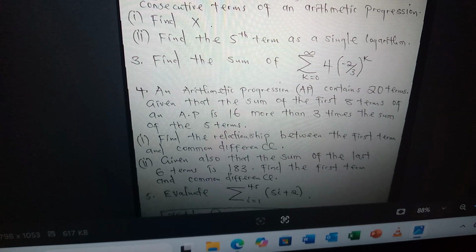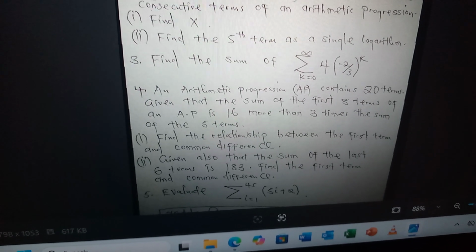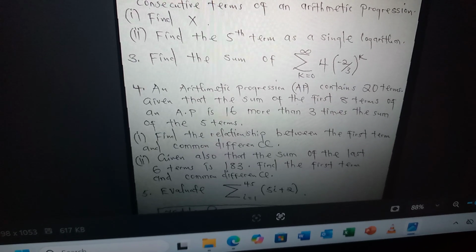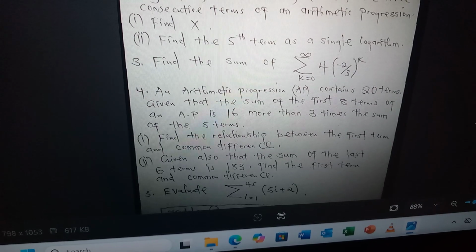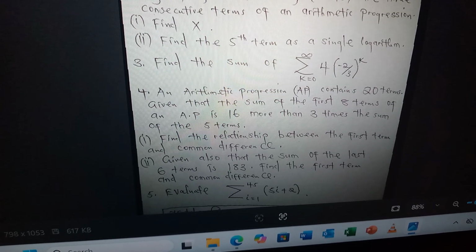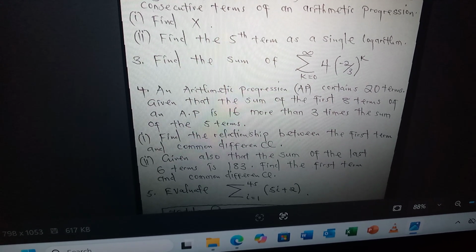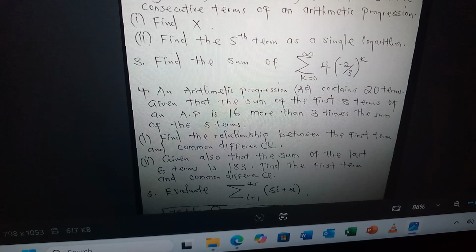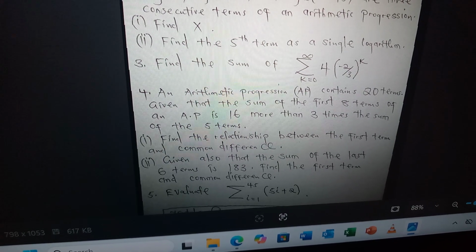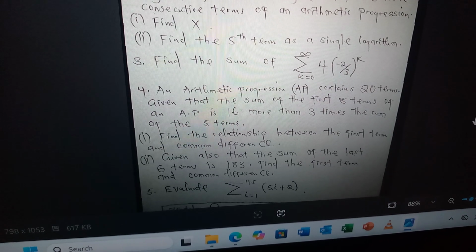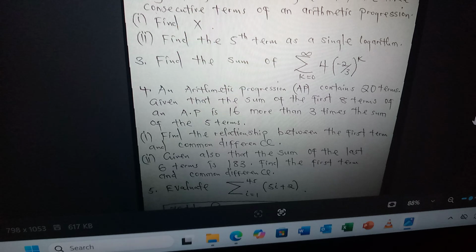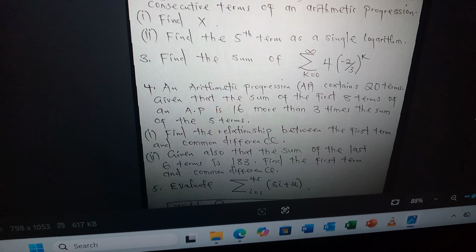So the fourth question, they are saying an arithmetic progression contains 20 terms. Given that the sum of the first 8 terms of an AP is 16 more than 3 times the sum of the first 5 terms, find the relationship between the first term and the common difference.